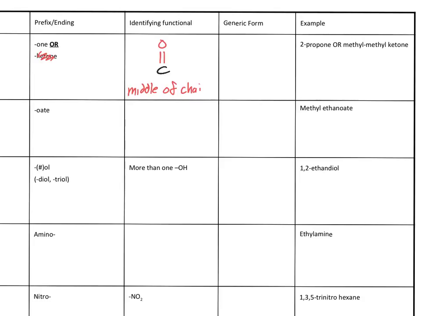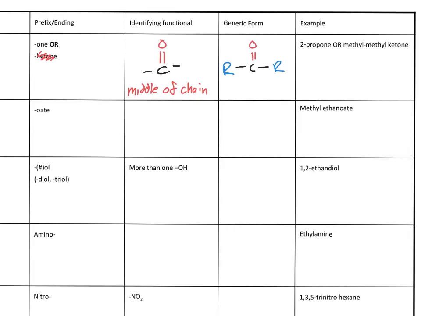So the generic form here would be R, carbon, and I'm not going to put R prime here because it's still part of the original chain. And then the double bond here is going to be somewhere in the middle.